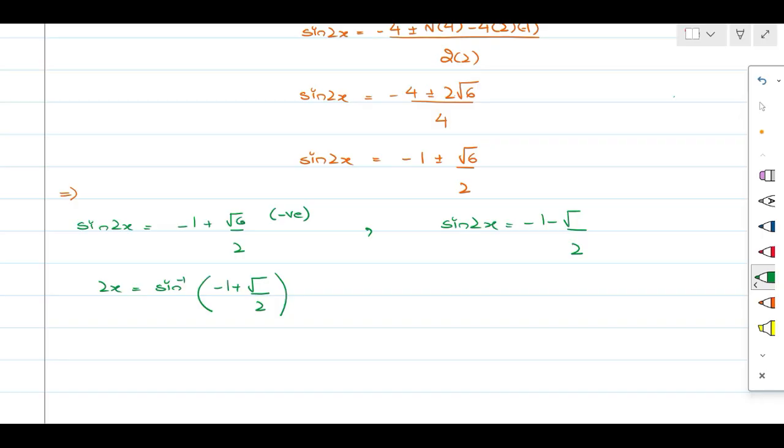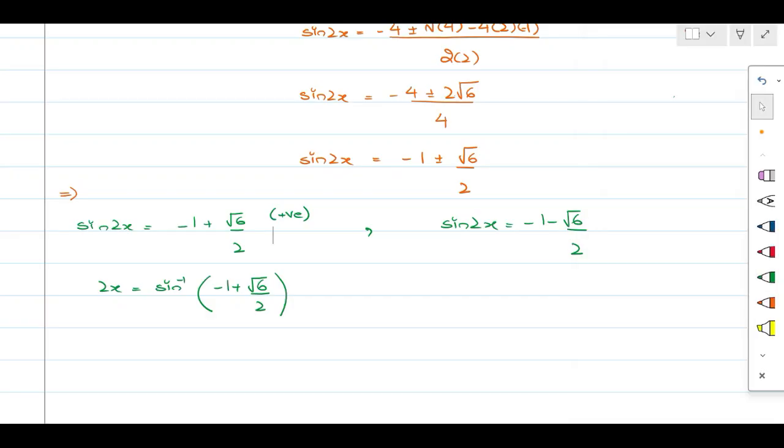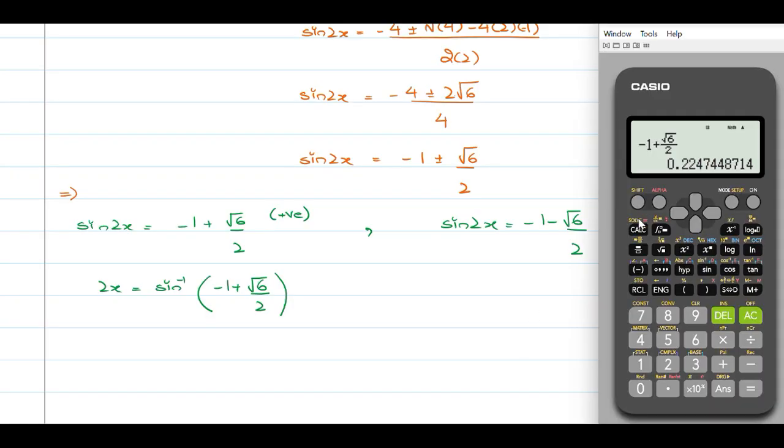Now we need to simplify minus 1 plus root 6 divided by 2. This is a positive number, right? Sine inverse of minus 1 plus root 6 by 2.